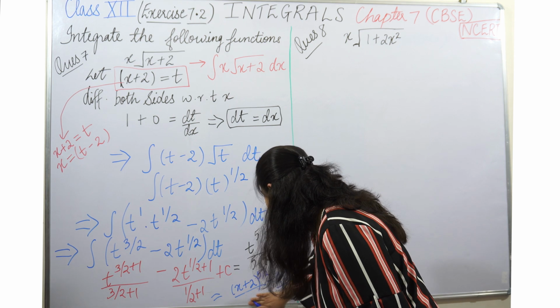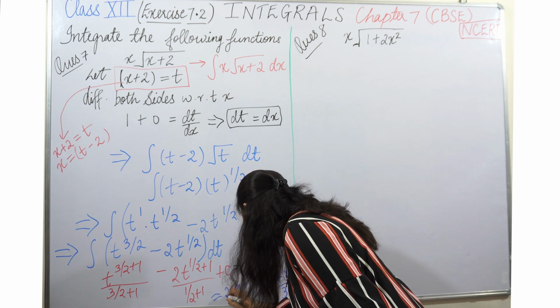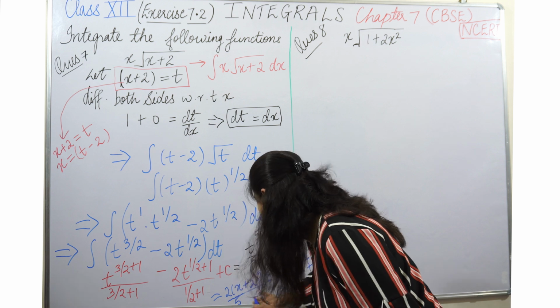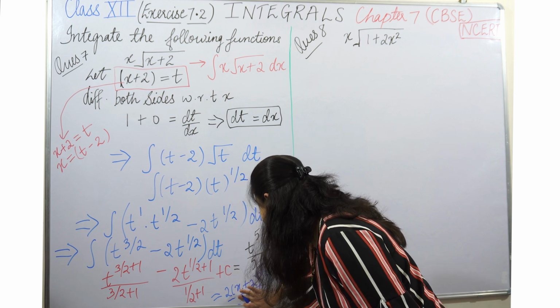And this 5 by 2 will be 2 by 5. So this will be our answer.